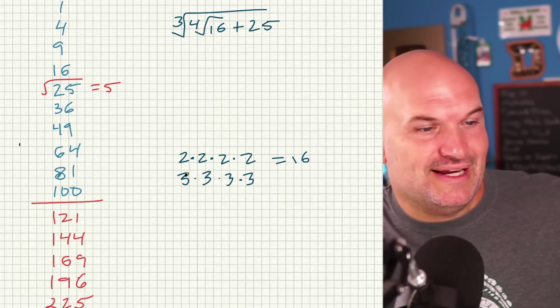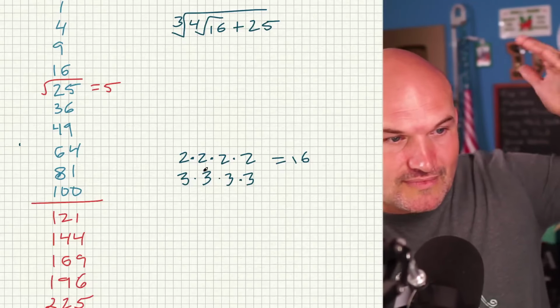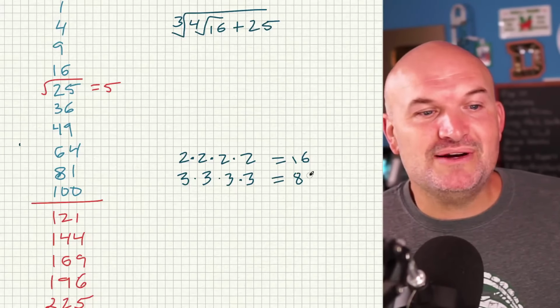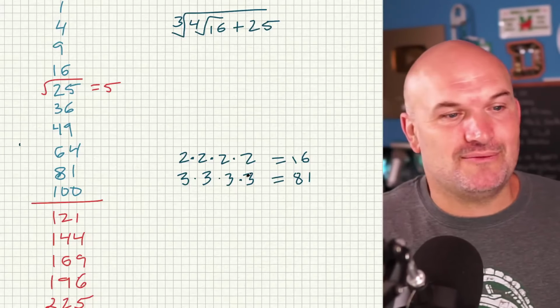But when we get to 3, look how big this number gets. 3 times 3 is 9. 9 times 3 is 27. 27 times 3 is 81. We went from 16 to 81. So there are only so many numbers that we're going to get to.